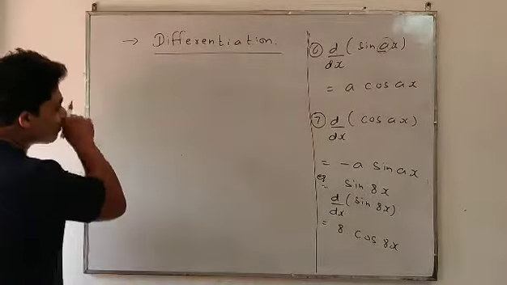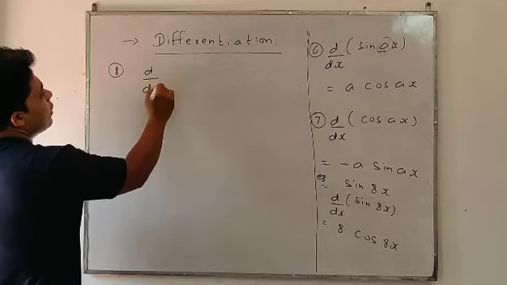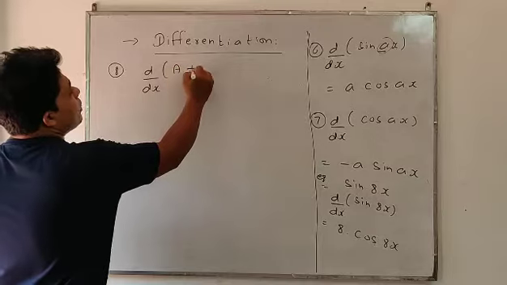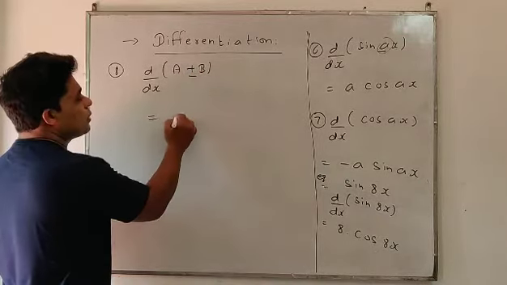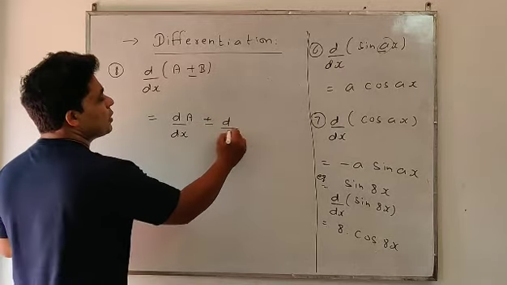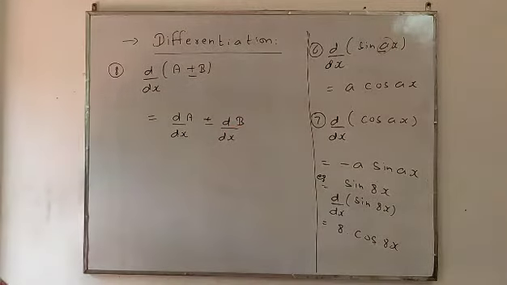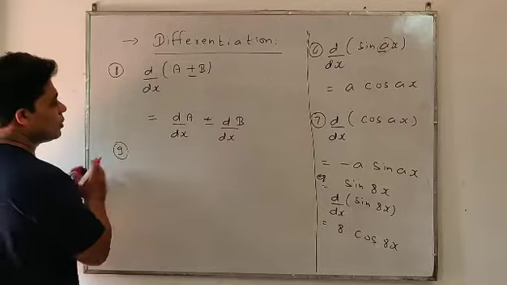Now students, next is the most important: d by dx of a plus minus b. If two components are in plus or minus, then it is d by dx of a plus or minus d by dx of b. Both are differentiated separately.